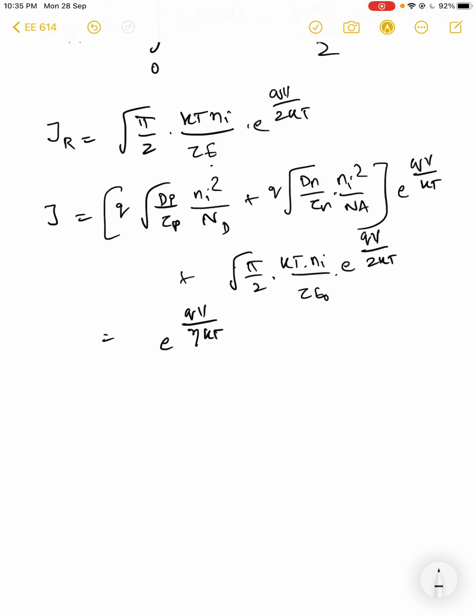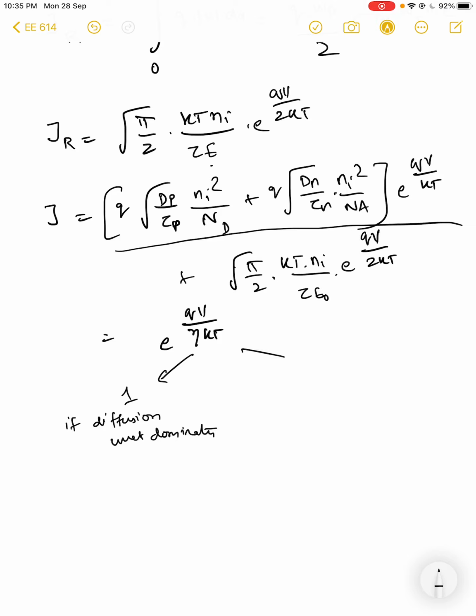You can see that under the situation where the diffusion current dominates, eta is almost 1, and if it's the recombination current that dominates, then eta is 2.